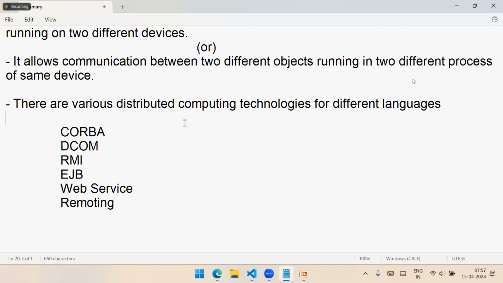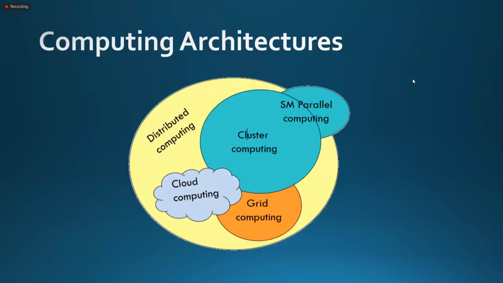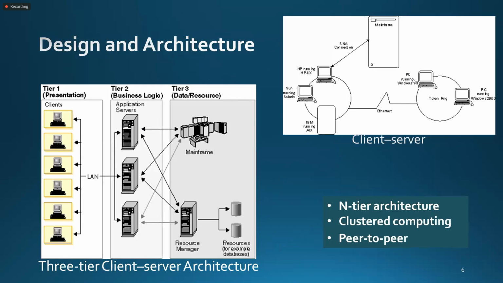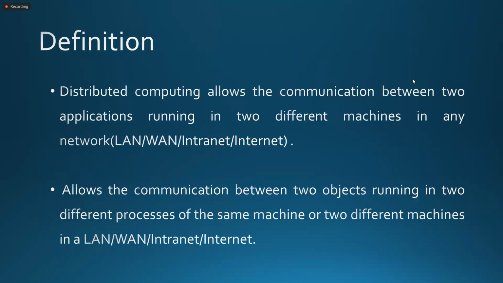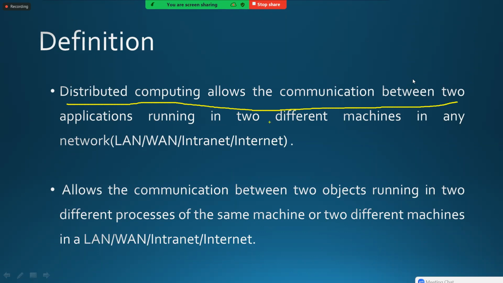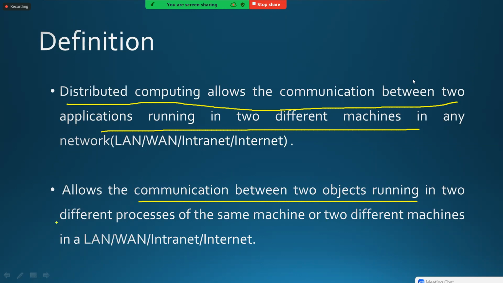So we are going to learn some basics of distributed computing. It's a big concept to learn. So these are all distributed computing technologies. That means distributed computing allows communication between two applications running on two different machines, or communication between two objects running in two different processes of the same machine.